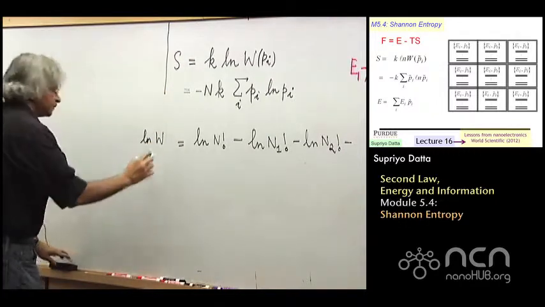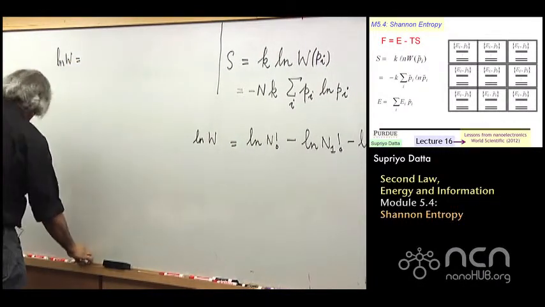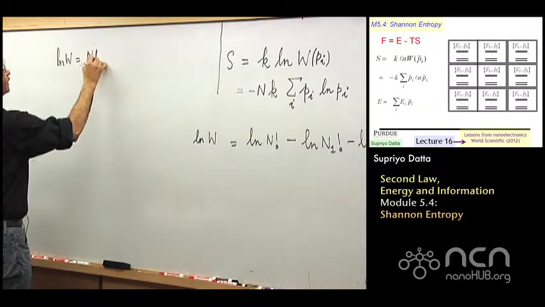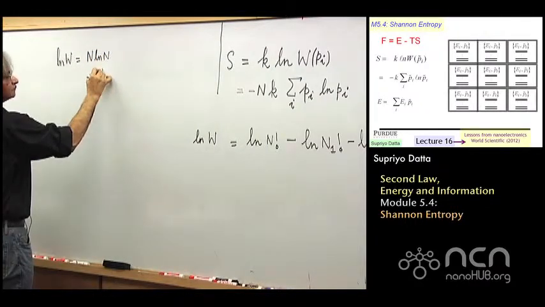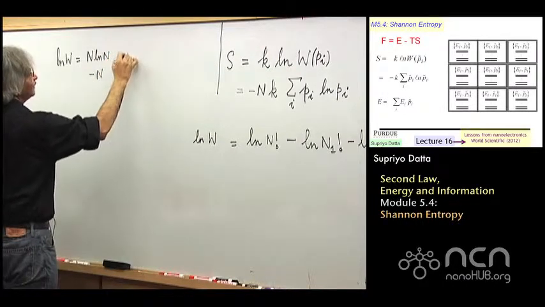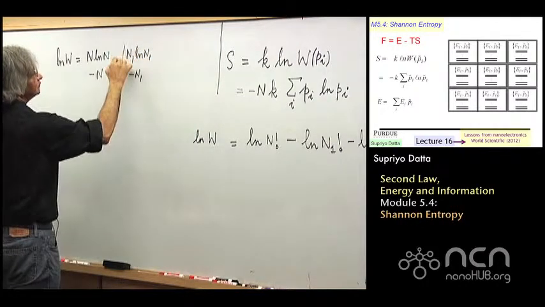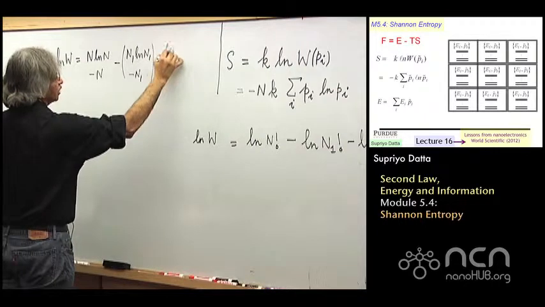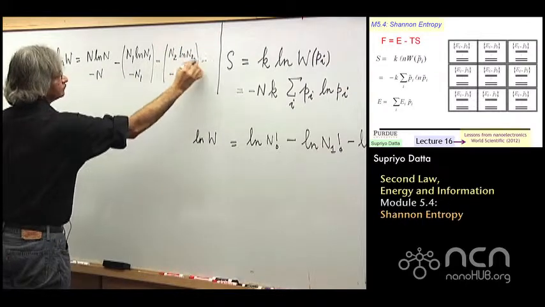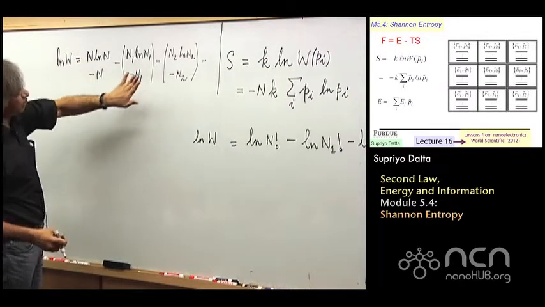So if you use that, you get from here, actually, let me write it up here. I'm starting from this expression. So let's write log of W is equal to the logarithm of factorial n, that's like n log n minus n, and then the logarithm of factorial n1, so that's like n1 log n1, but then minus n1, and then minus n2 log n2 minus n2, etc. And the second line just sort of cancels out, because n is equal to n1 plus n2 plus n3.